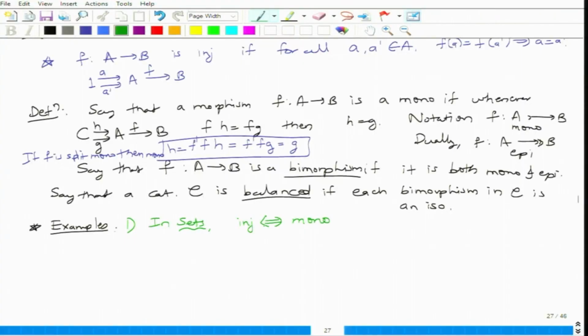So in particular, I can choose capital C to be equal to 1 and H and G to be 2 elements. So it will boil down to the definition of injectivity of the function. Therefore, monomorphism and injective morphisms are exactly the same.